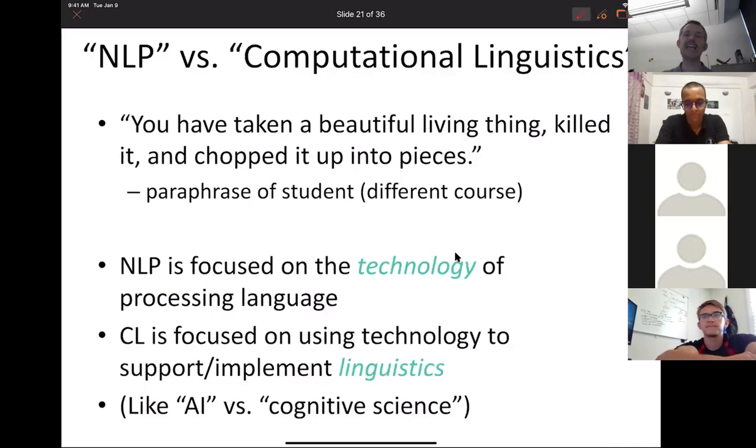So it's like, in a way, the distinction between AI, which is more engineering and technology focused, and cognitive science, which is trying to study brains and what is going on inside of a brain when we do cognition, not necessarily what kind of intelligent model is best for a particular engineering application.